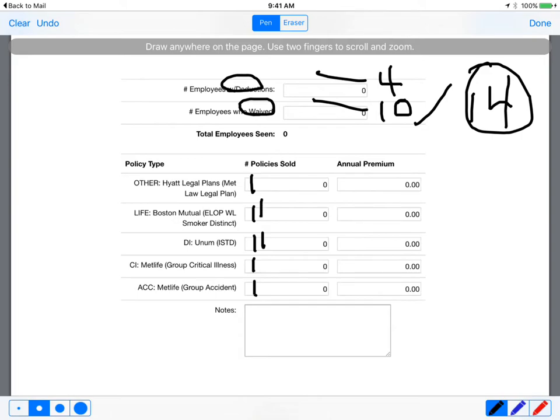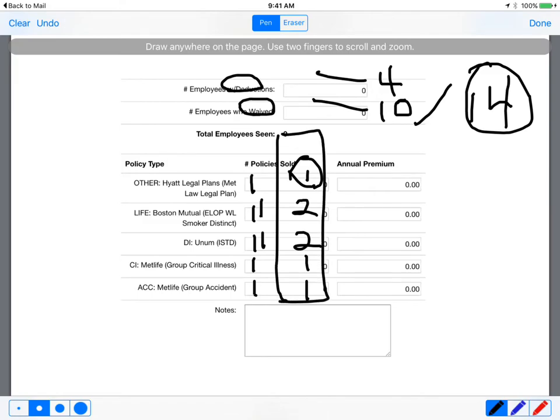All right, so you had one that took this plan. You had 2 here. You had 2 here. 1 and 1. So this is what you're going to send your manager, as far as you're going to say I had 1 legal, 2 lives, 2 disabilities, 1 critical illness, and 1 accident.